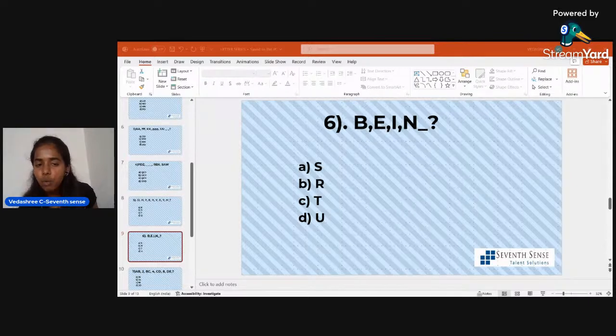We increase by 1. Next we'll add 5. I plus 5 is I, J, K, L, M and N. So I plus 5 is N. So next we'll add 6. N plus 6 is O, P, Q, R, S and T. Okay, T is the answer.